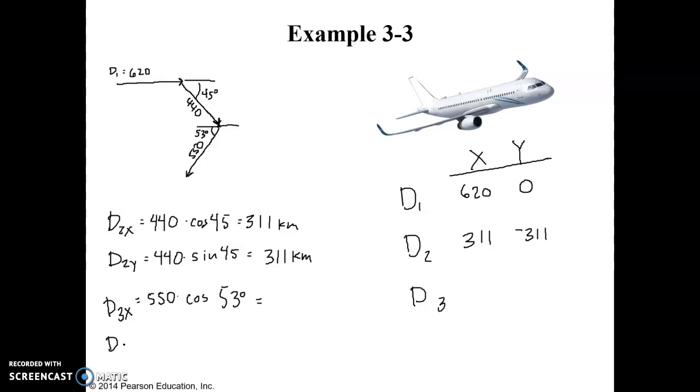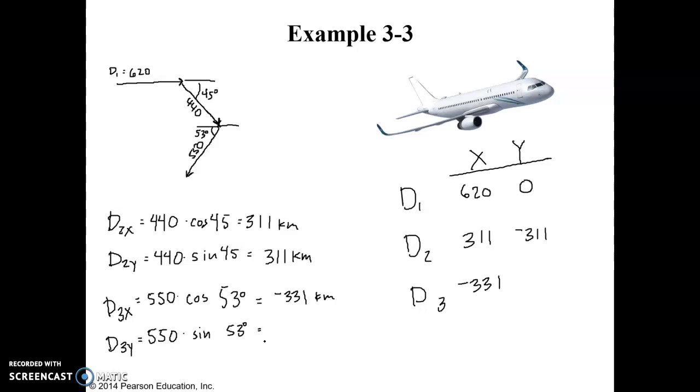And we need to find the y component of this vector by taking its magnitude multiplied by sine of 53 degrees. In the x direction, it is going to the left, which makes it negative. So this is negative 331 kilometers, and don't forget that negative sign.